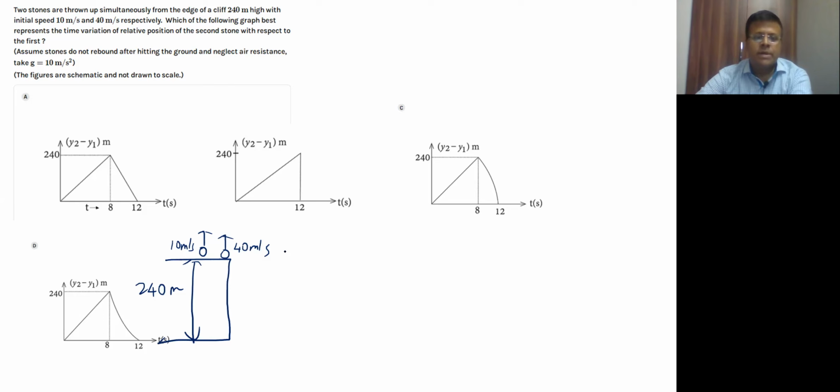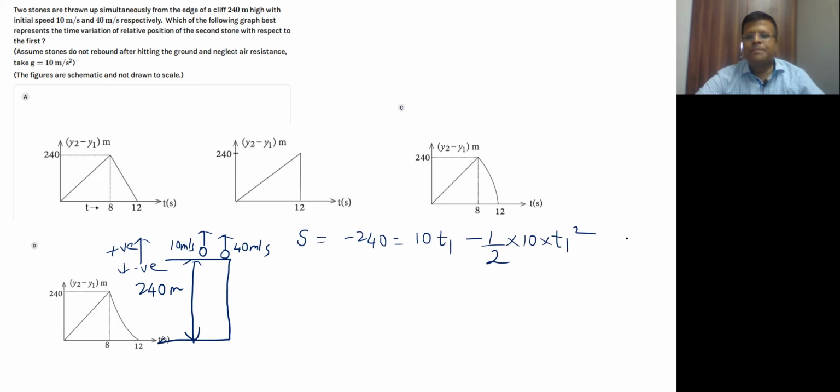That's the first thing. Let's try to do that. So we can write that final displacement is always 240 only. So let's take the upward direction as positive. So downward direction will be negative. So minus 240 for this one we'll calculate. That is u t1, and minus half g t1 square. Okay, so that's the first equation.